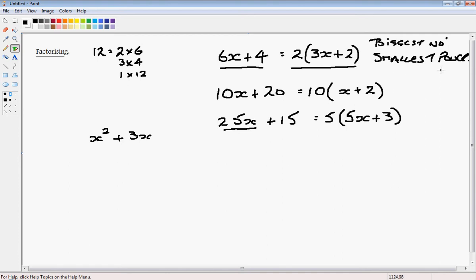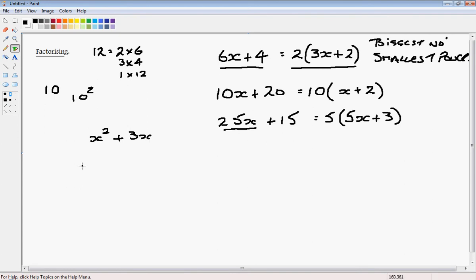So now we look at the smallest power. So when I talk about the smallest power, I'm talking about the letters. Okay. Now we have x squared and we have x. Now I know x is less than x squared. Okay. For example, I know that 10 is less than 10 squared, because 10 squared is 100, whereas 10 is just 10. So in the same way, x is less than x squared.